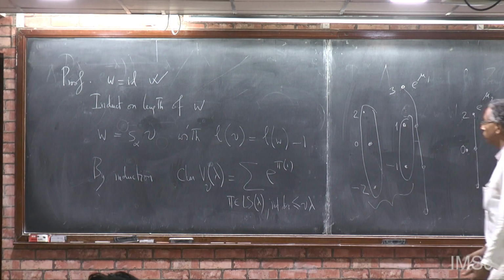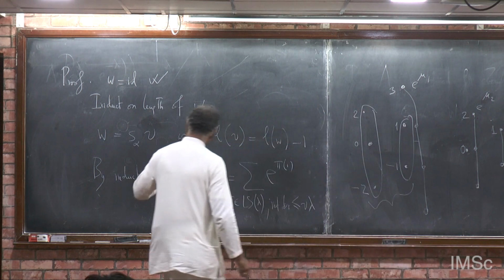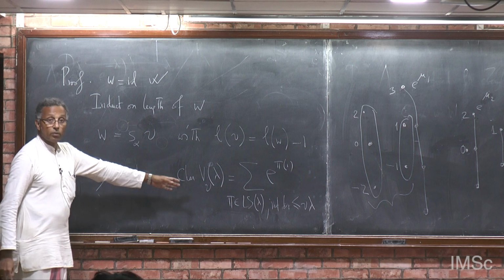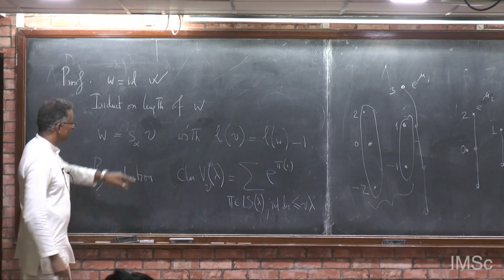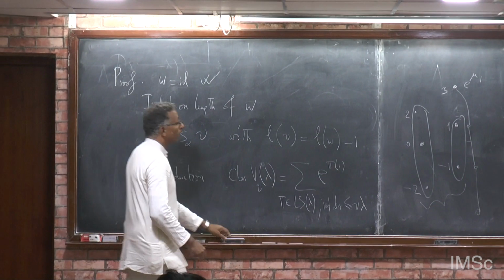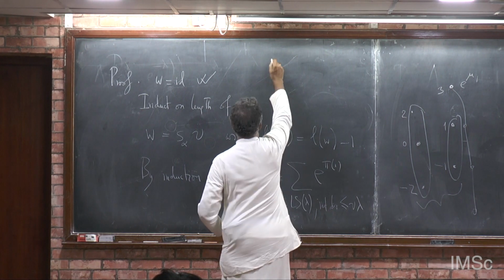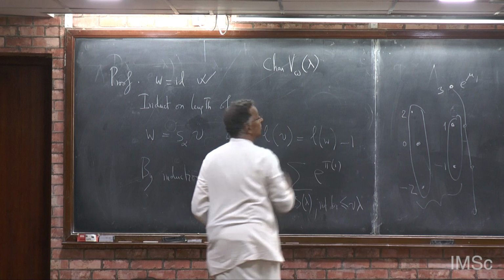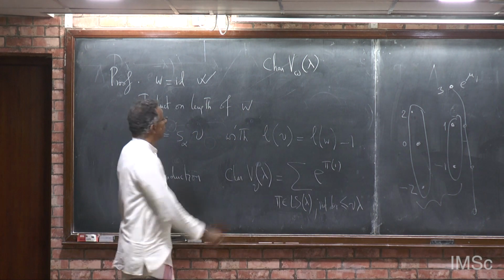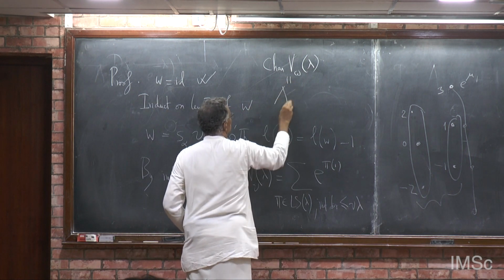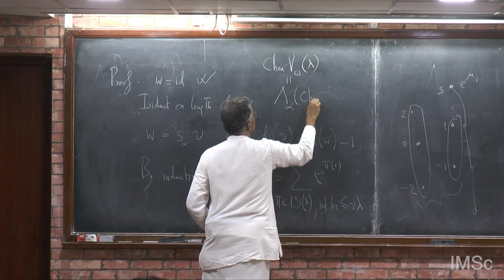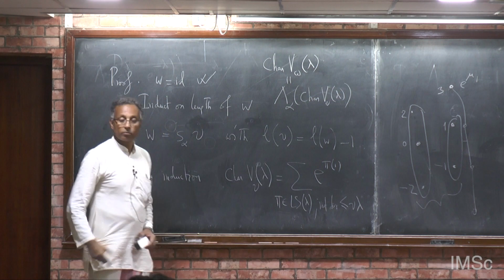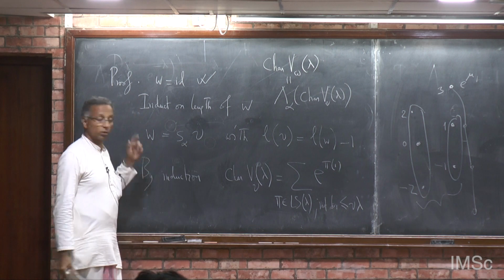Okay, now what do I have to show? I have to show that if I apply, so by the de Mazur character formula, I know that, remember, I want to prove this for the character of V W lambda, right? But this is equal to this applied to the character of V V lambda, because this is one length more, okay?